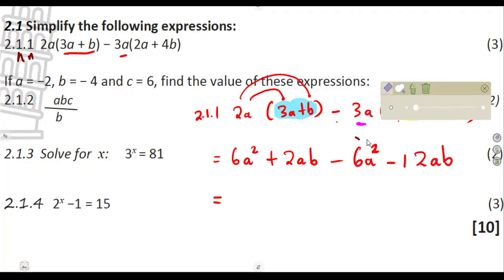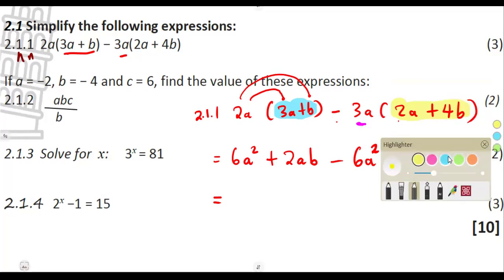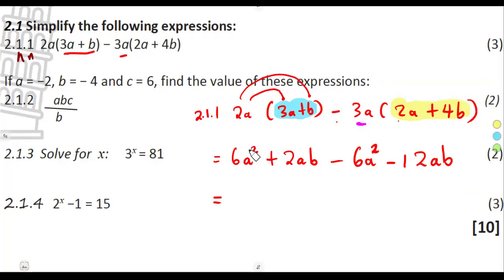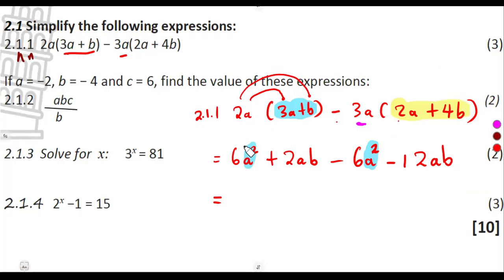All right, so in this case, let us collect the like terms where we have the a squared. Consider the coefficients there. So we're going to consider 6 and negative 6. So 6 minus 6 is simply going to give us 0, guys.